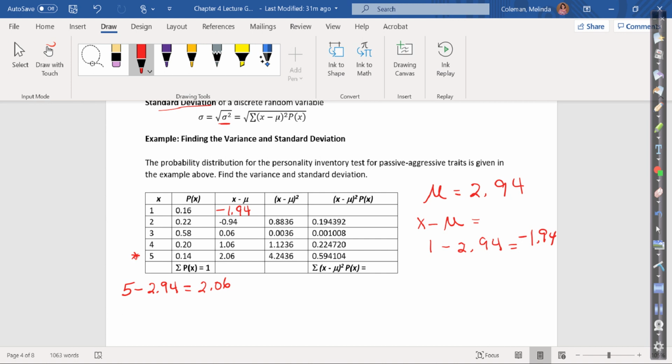The next thing is it says it's going to take this negative 1.94 and we're going to square it. And that's what will go in the second box. So 1.94 squared is equal to 3.7636. And again, these are all rounded to 4 decimal places, so we're going to keep everything rounded the same.